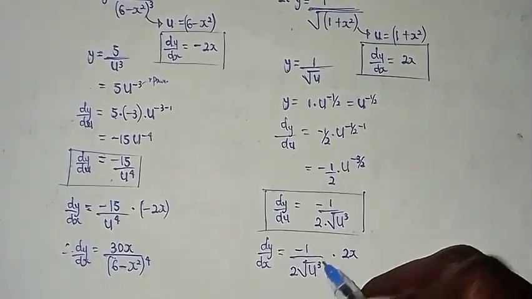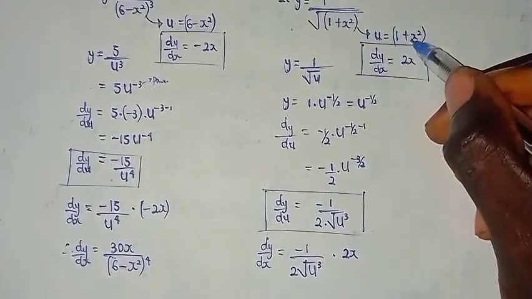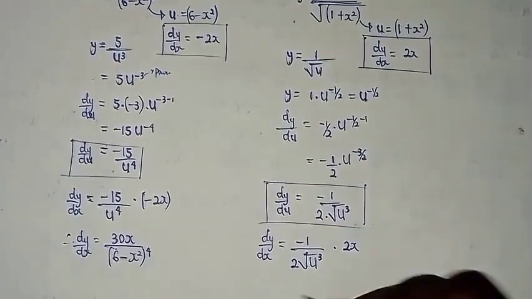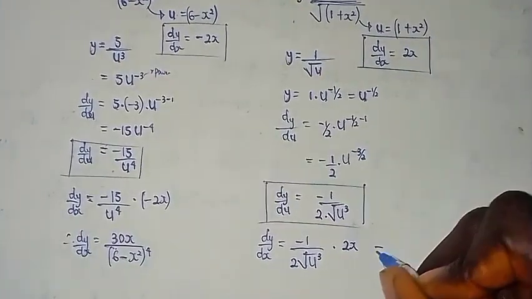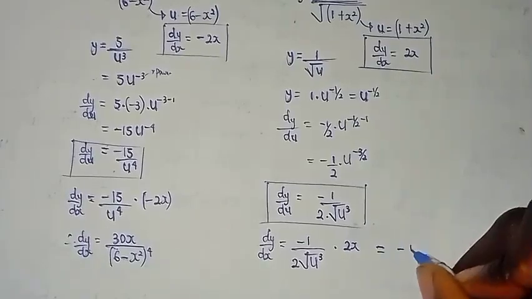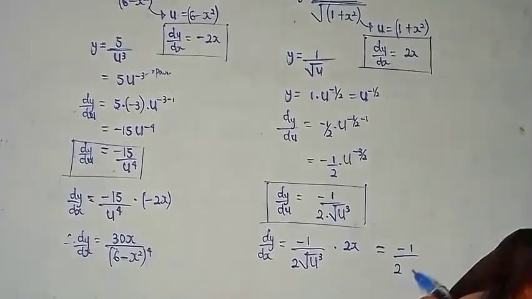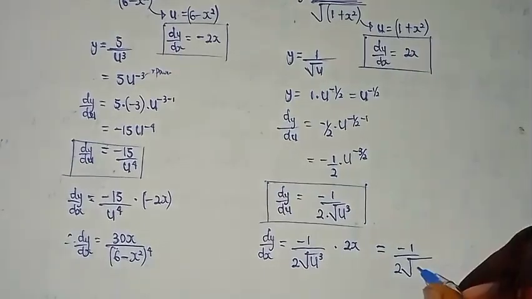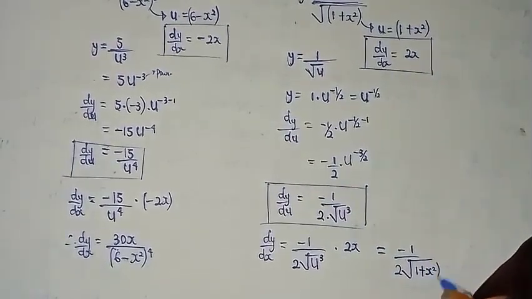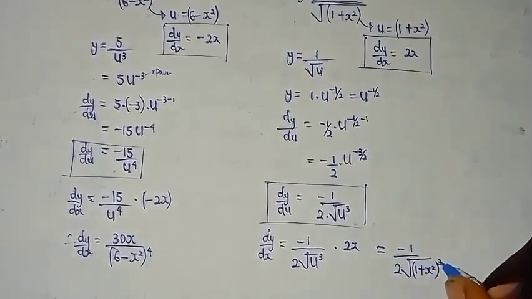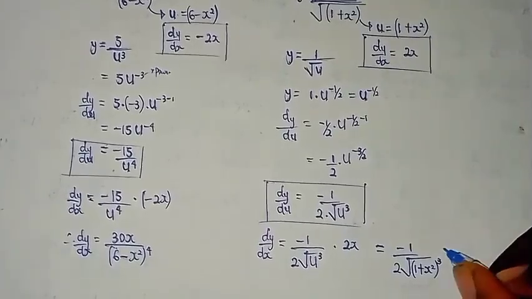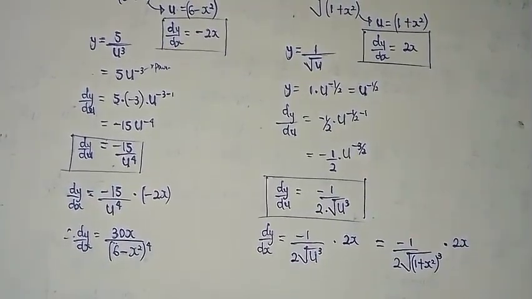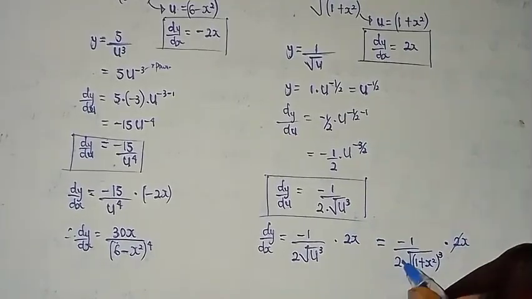Now we know that our u from the beginning is 1 plus x squared, so let's substitute u in place of that. So this becomes minus 1 over 2 times 1 plus x squared to the power 3, multiplied by 2x. Now some things will cancel out. These 2 will cancel out these 2.